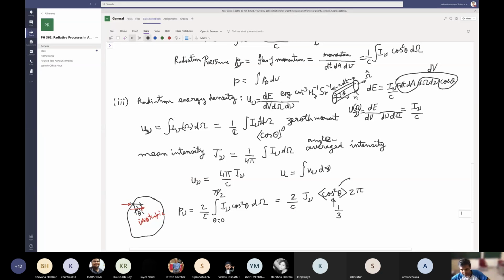This is nothing but the integral of cos square theta d minus cos theta, which is basically t square dt, say from 0 to 1.